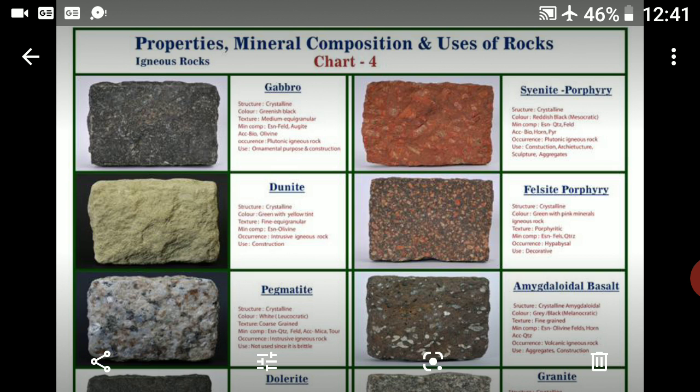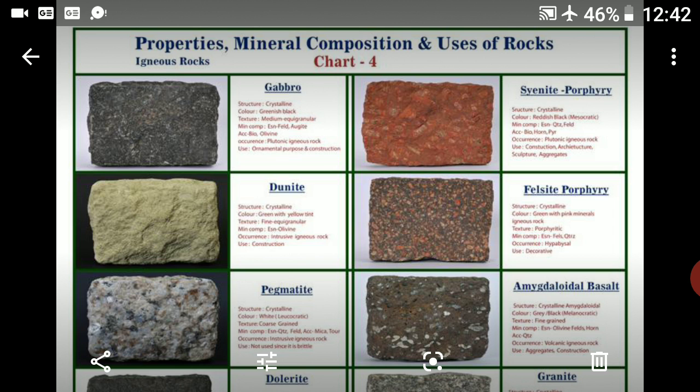Second is dunite. The structure is crystalline, color is green with yellow tint, texture is fine and equigranular. Very fine grains are present in this rock and all the grain sizes are equal.